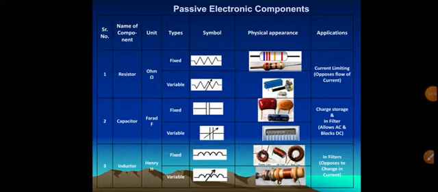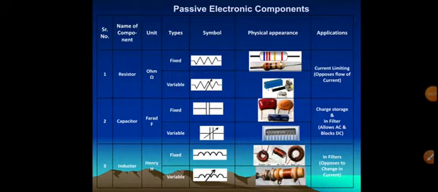That means if a capacitor allows AC and blocks DC, an inductor will allow DC and block AC. So capacitors and inductors both are used in filter circuits. Resistor is also used in filter circuits, but its basic use is current limiting. Wherever there is a requirement of current limiting or current protection, we can use the resistor.